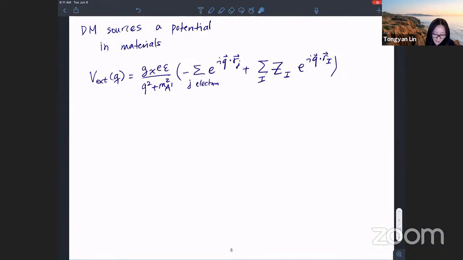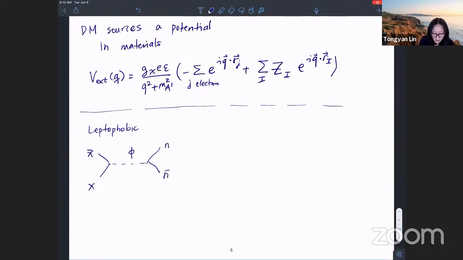Okay, so one of the ones I'll work with is this dark photon example. Another case that's often considered, just to cover our bases, is what if there's no such electron coupling and we just have a leptophobic mediator? So this would be a scalar and primarily couples to nucleons.